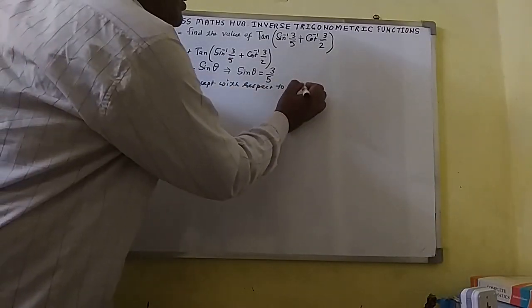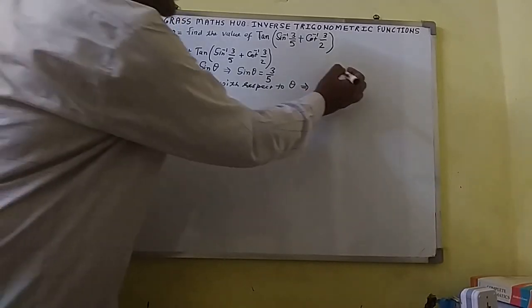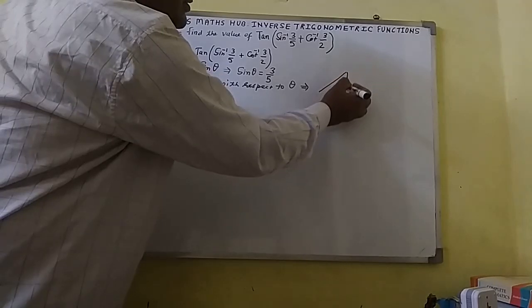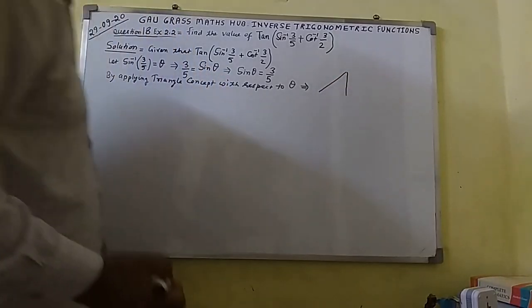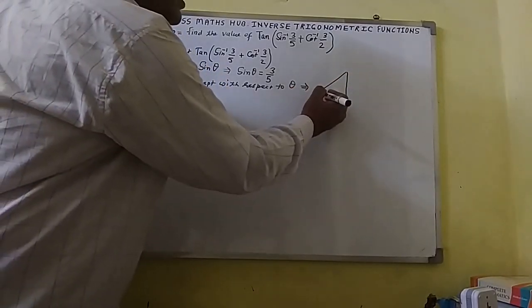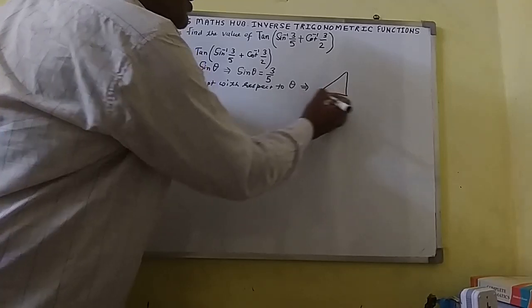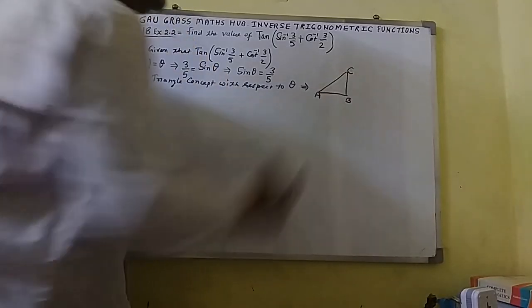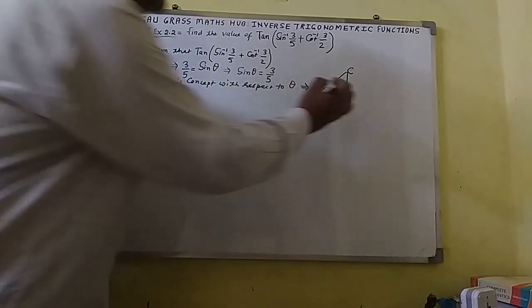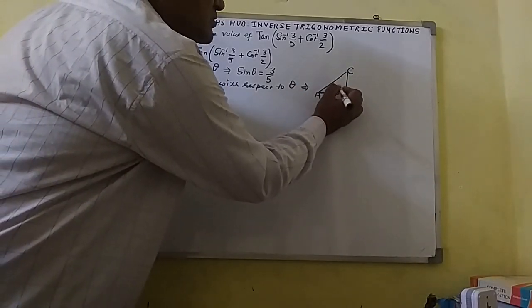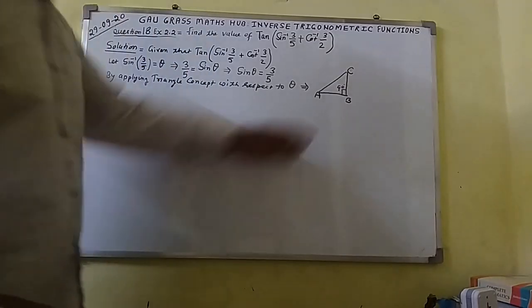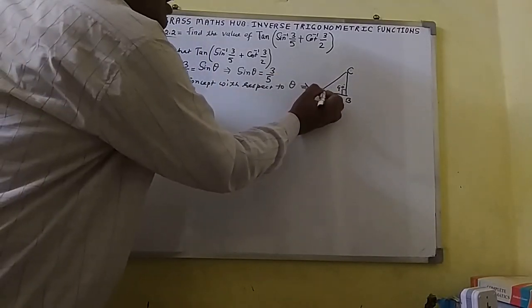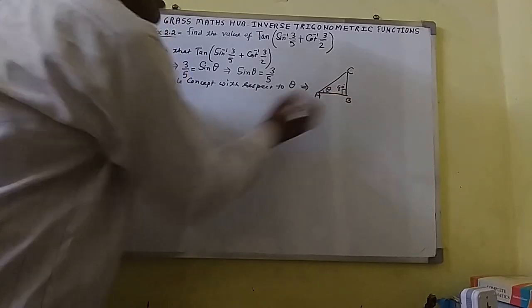Here I shall make a triangle ABC in which angle B is 90 degrees and angle A is theta.